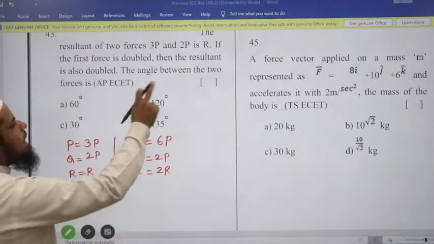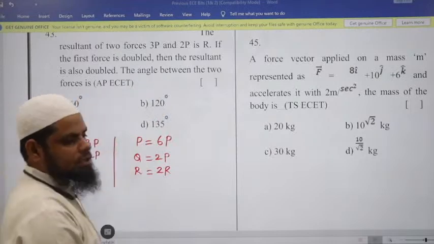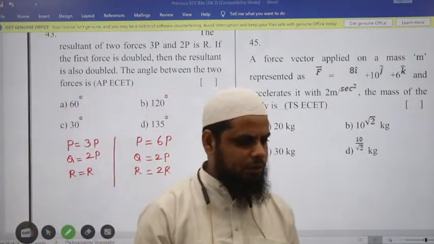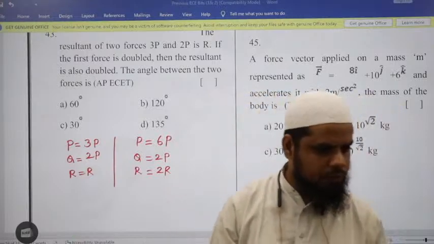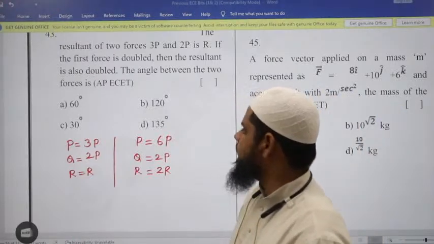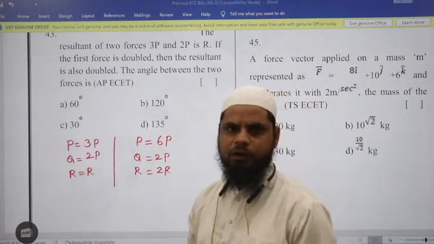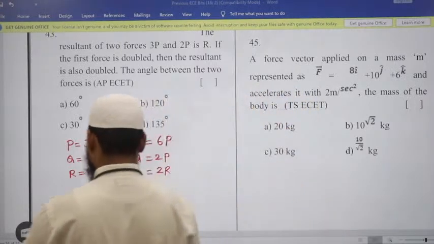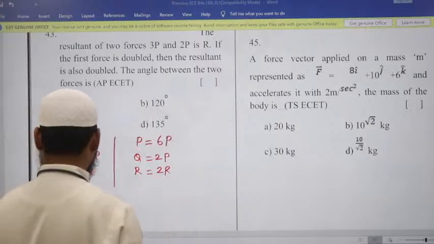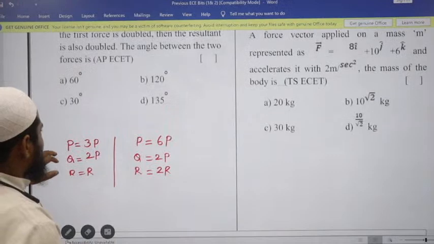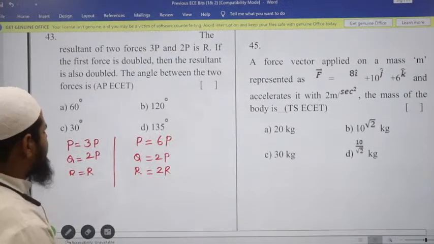In that case, what is the angle between those two forces? Can you guess the answer, please? Can you get the answer? Anyone? Any guesses, please?